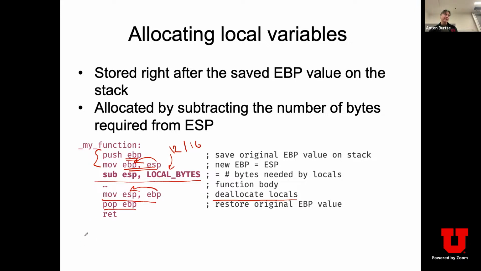Then we pop the previous value of EBP into the EBP register from the stack and return, fetching the return value. And this is obviously very, very fast. Remember, again, Agner Fog: an operation in the register takes one cycle, right? So that's cute. We just avoided a lot of hassle here.